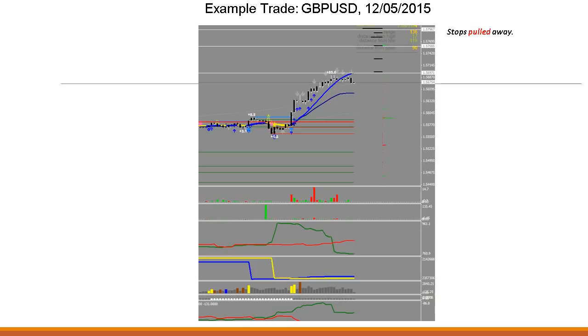And this is a very important point I'm making now. People struggle to understand. If the dumb money pulls away their stops, like in this example here, the smart money will not run behind them and take them out. In fact, most of the time they do the opposite. If they pull away, they go the opposite direction. So they're trying to tease the dumb money to pull the stops closer again.